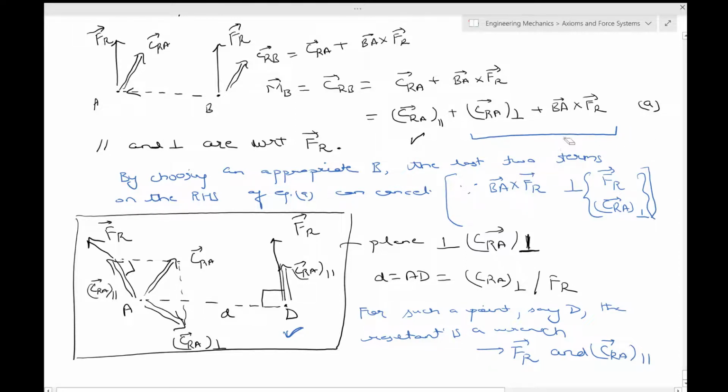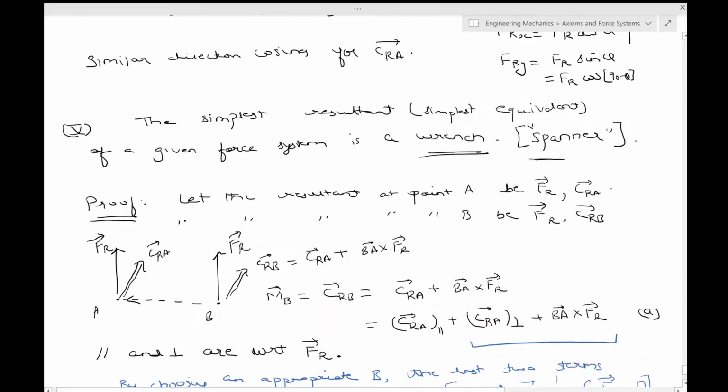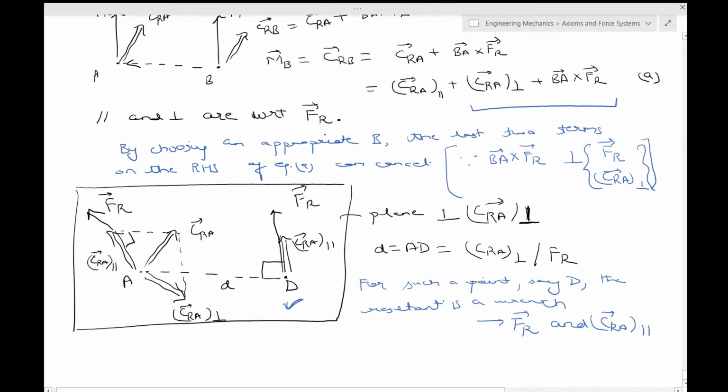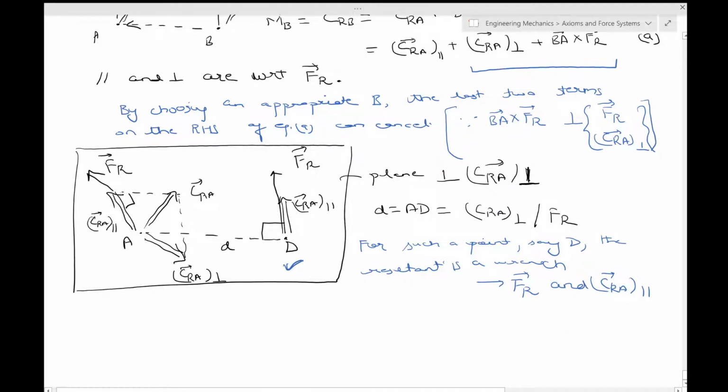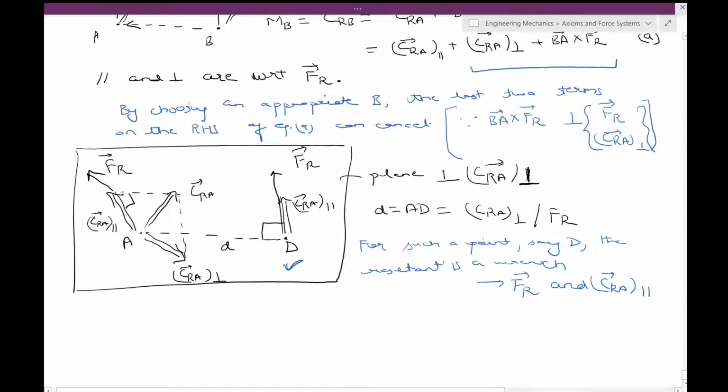So at D you have the wrench. If you look at the figure of what a wrench or a spanner is, you will exactly understand why FR and CRA parallel are the forces which act during the action of a wrench. There is a resultant force, and in the same direction you have a resultant moment. So it is normally used for tightening or loosening of bolts.